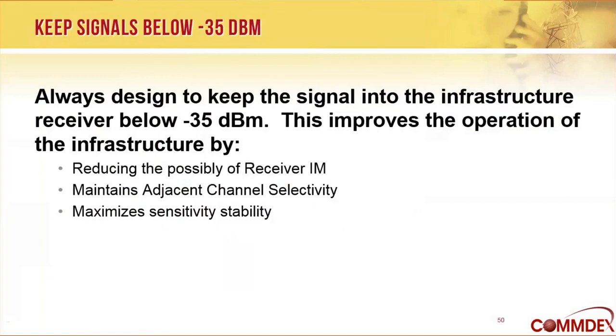Now, intuitively you might think the stronger the signal into the receiver, the better, but that's not really true. There is a window between the receive sensitivity floor and the highest level that we want to maintain. And it's a fairly wide window, between about -35 to -120. If you can keep your receive signal in that window, you're good.